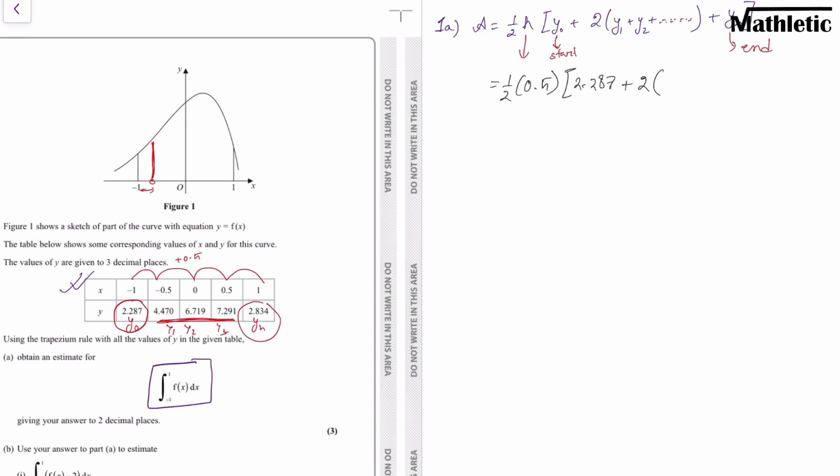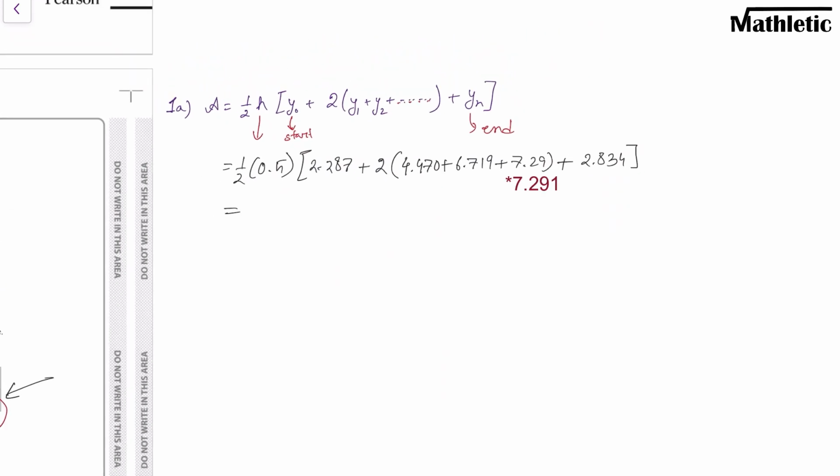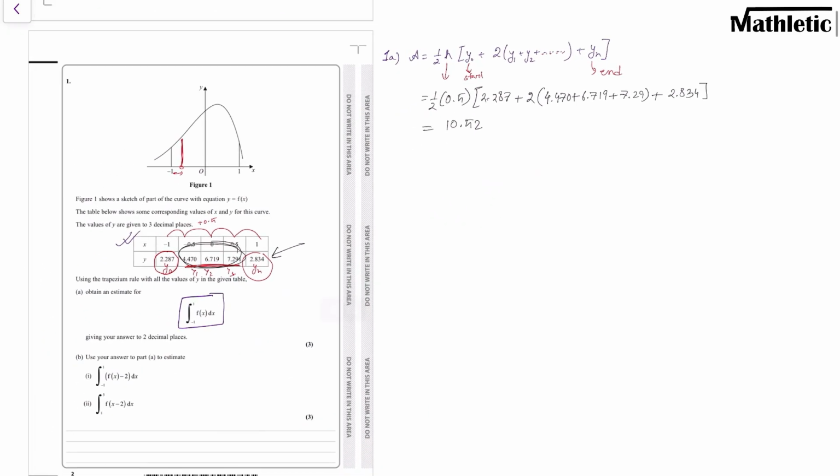Then inside this bracket I will select these 3 y coordinates, and then the last y coordinate is yn, 2.834. So when you use the calculator, you will get the final result, which is 10.52. So that's it. I'm done with part A.